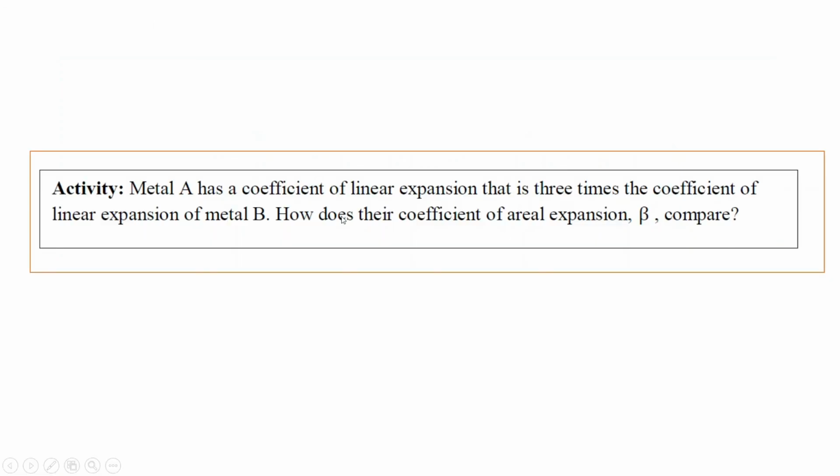Metal A has a coefficient of linear expansion that is 3 times the coefficient of linear expansion of metal B. How does their coefficient of areal expansion beta compare? Whenever you compare their coefficients of areal expansion, remember that beta is equal to 2 times alpha.